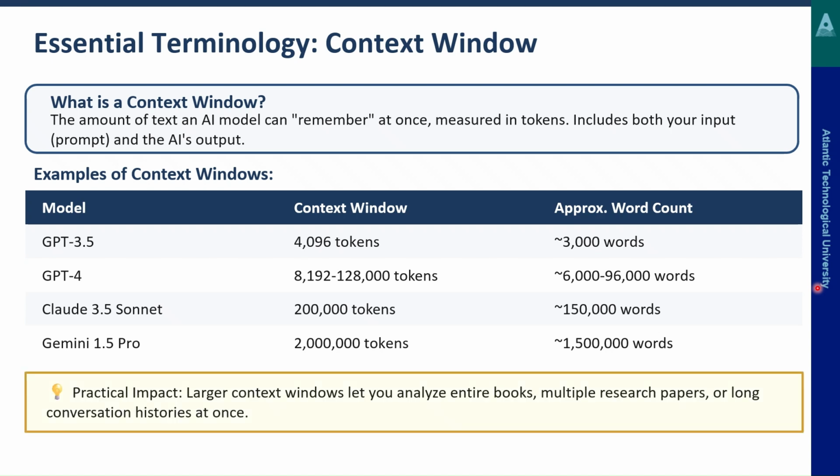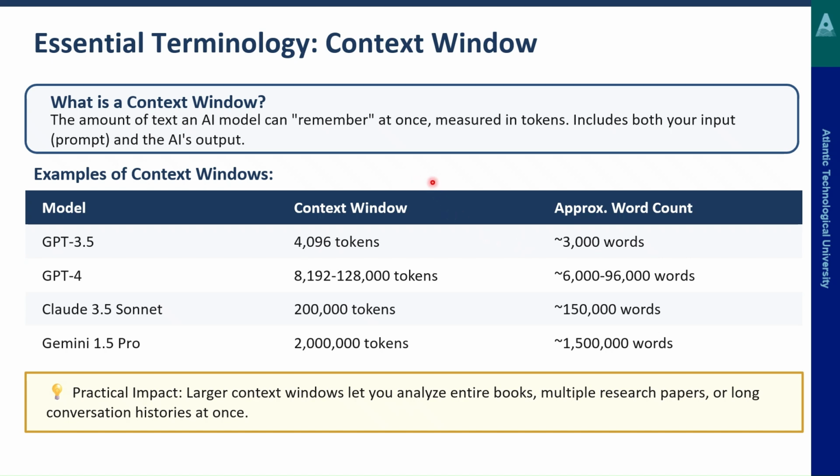So practically, how does this affect us? Well, larger context windows will let us analyze entire books, multiple research papers, or long conversation histories at once. So if you're talking with ChatGPT 3.5, for example, you're going to get to a point where it forgets what you were talking about, because it's going to run out of context, and then it's going to forget all of the current context and start with a blank page.